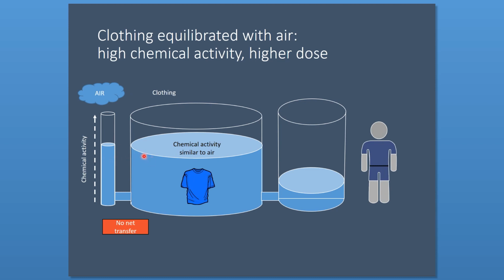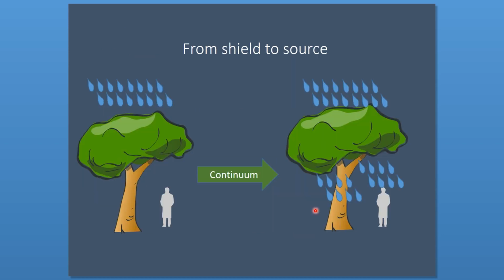It's at the same chemical activity as air, and so there's no real net transfer from air to clothing, but there is net chemical uptake from the clothing because of this gradient that flows from the clothing to us. Analogy that I've used in the past I kind of like is this one, where if you have clean clothing, that's kind of like a tree that is dry, but you stand under it in a rainstorm and it keeps you dry initially, but over time, that rain saturates the tree and then the rain starts coming through and then you get wet. So, all right.